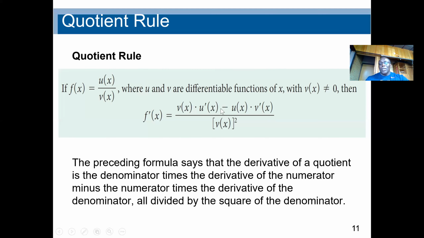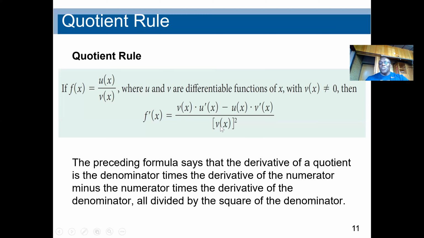Always, because 2 minus 3 is not the same as 3 minus 2. But if it's plus, it doesn't matter. 2 plus 3 is the same as 3 plus 2. So that's why we always find the derivative of the numerator, multiply by the denominator, minus the derivative of the denominator multiplied by the numerator, all divided by the denominator squared.